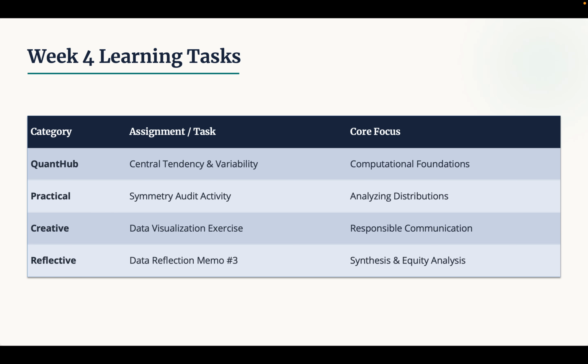So ask yourself, what patterns are visible? What inequities may be hidden? What assumptions are shaping interpretation? What additional information would strengthen understanding? These questions are central to responsible statistical reasoning.